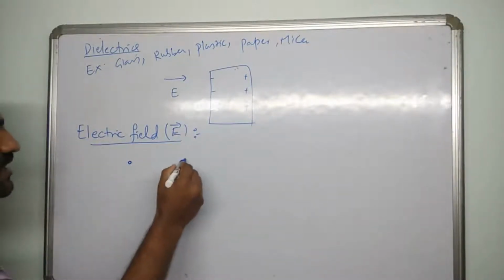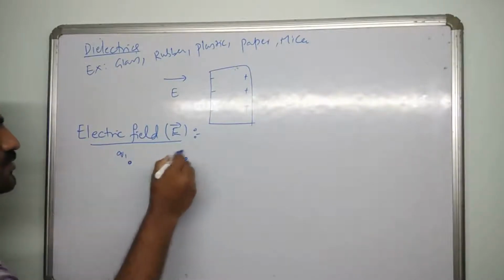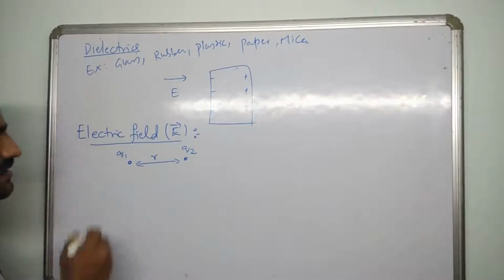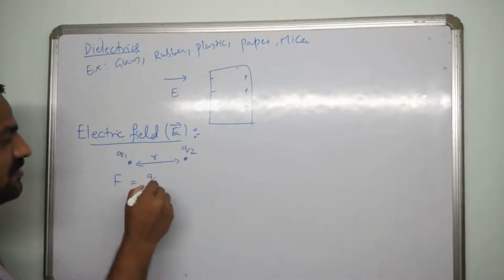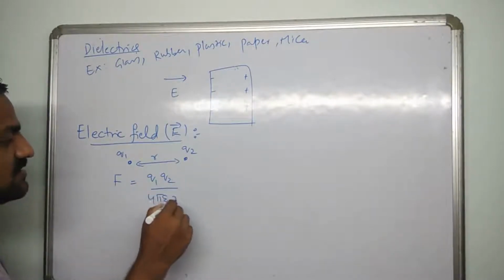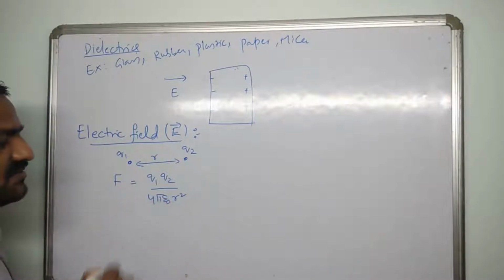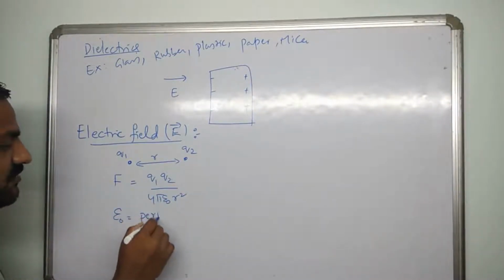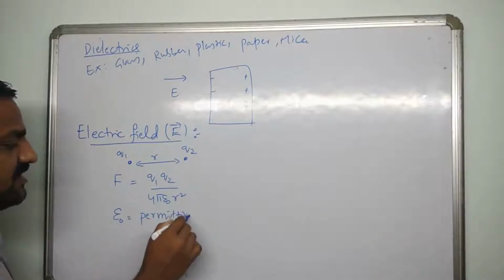When you have two charges, Q1 and Q2, separated by a distance of r units, then the force of attraction or repulsion between them is given by F equal to Q1 Q2 by 4 pi epsilon 0 r square, where epsilon naught is the permittivity of free space.